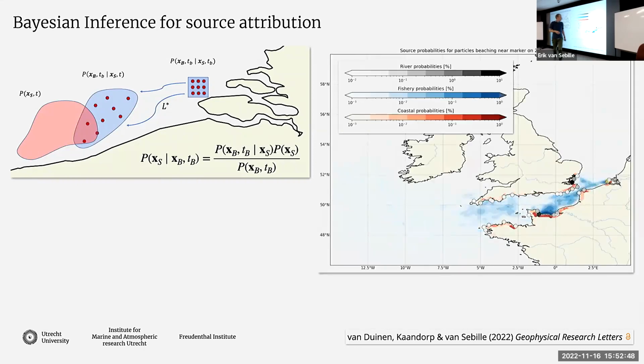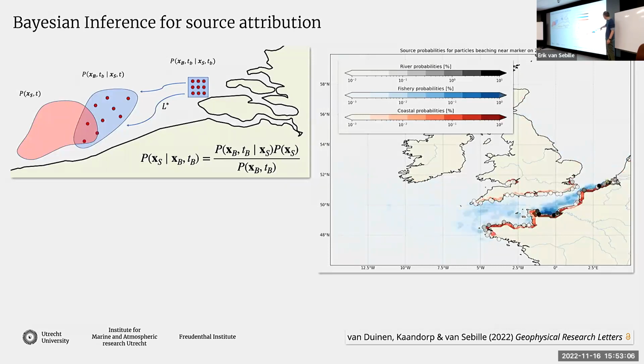And he could do this for a certain one of the beaches that was measured in the Netherlands. I don't know how good your topography knowledge of Northwestern Europe is, but here's the Netherlands, here's Belgium, by the way, the UK and France.